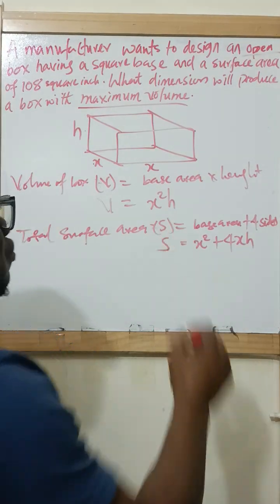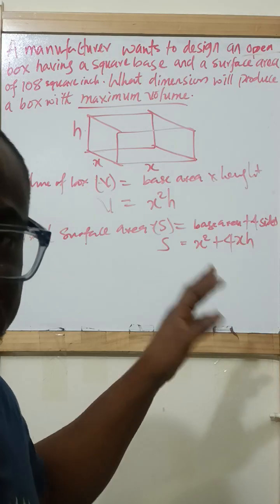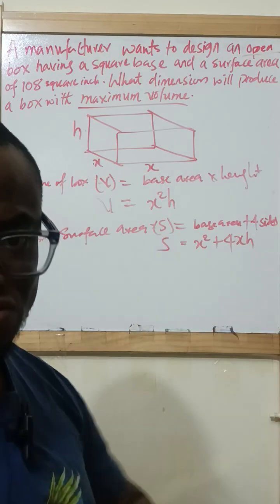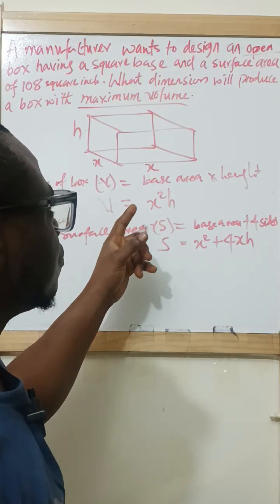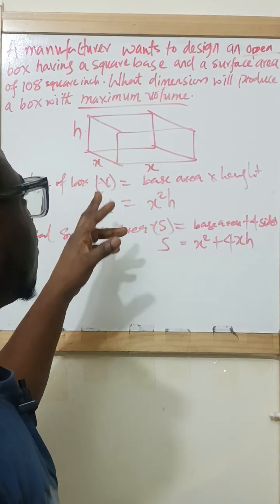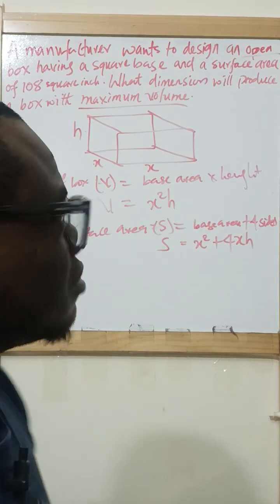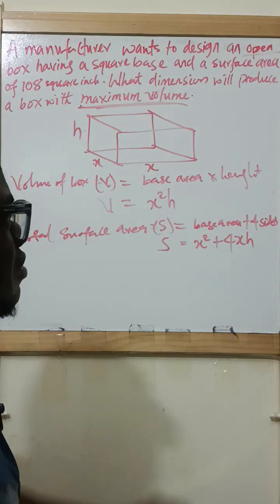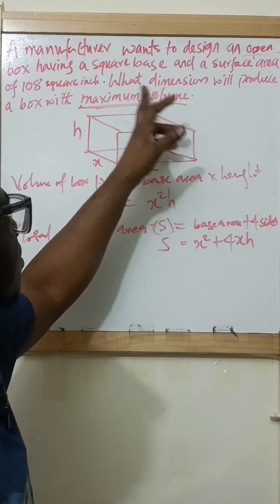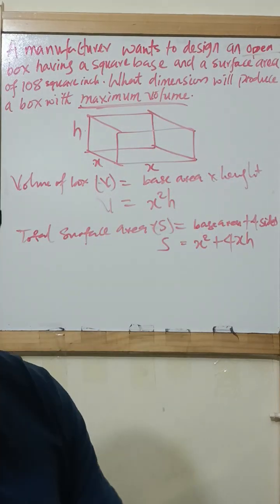So from this particular question, we have been able to derive two equations that we can solve. What we are asked is to find the maximum volume, the dimension that will produce the maximum volume.